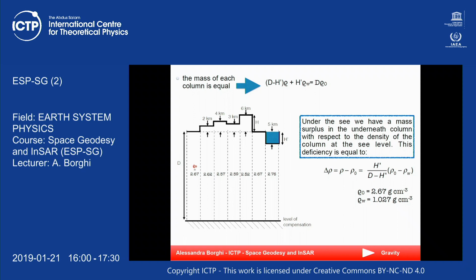And this has to be equal to our reference when you don't have topography. From this relationship, you obtain this variation in the density.